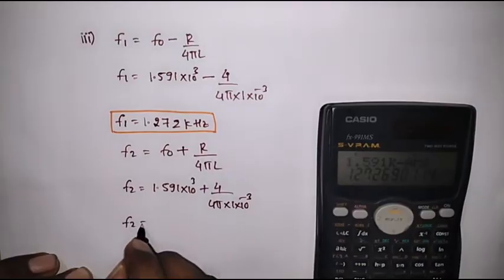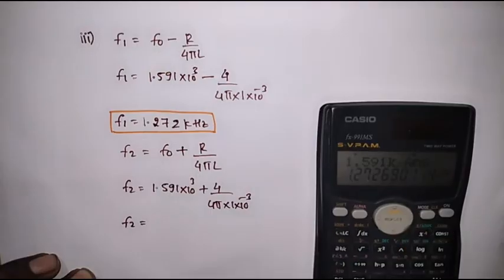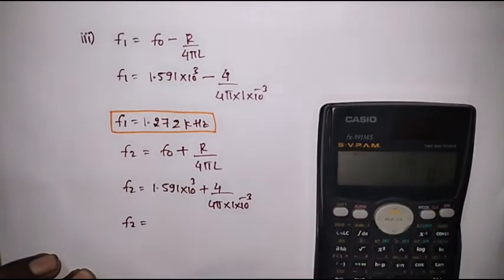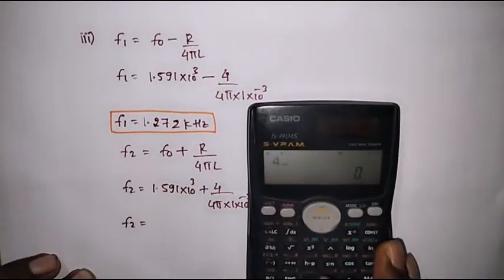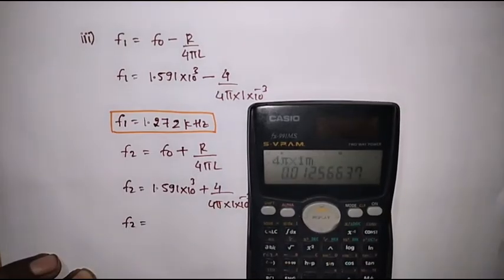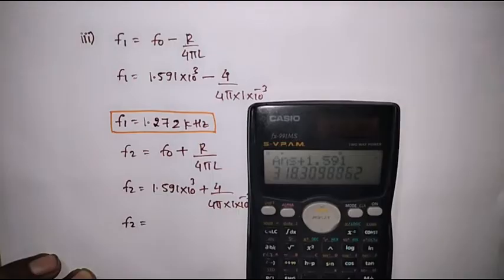So simplifying this, 4 pi into 1 milli, inverse into 4, plus 1.591 kilo.